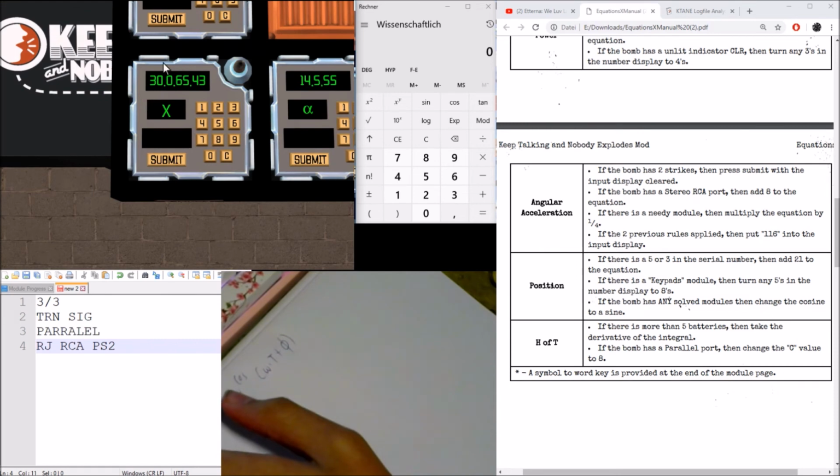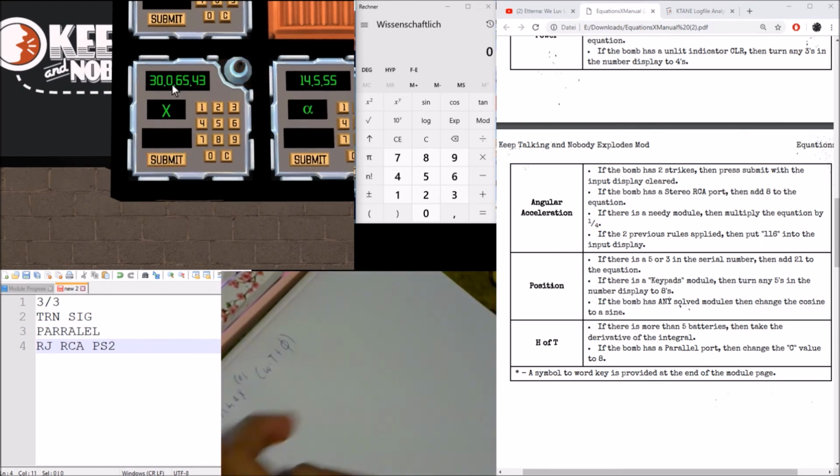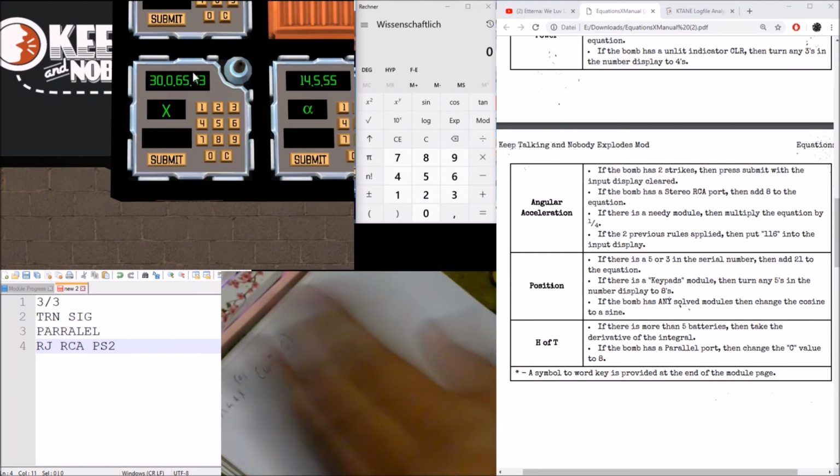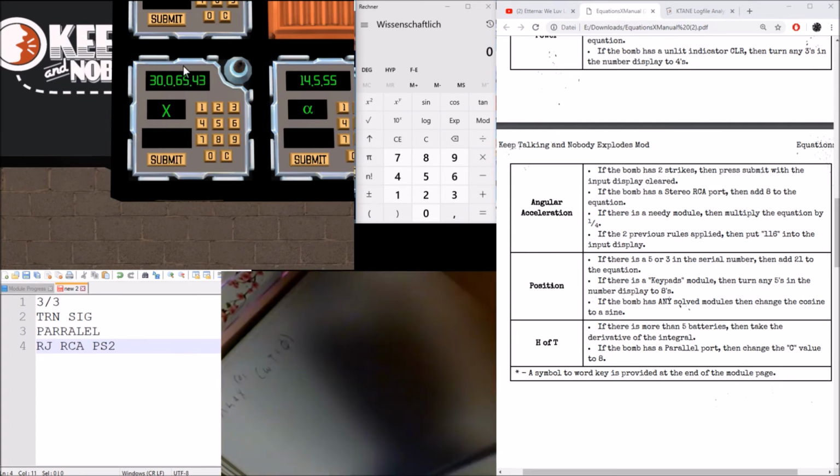So anything that is a 5 here is an 8 now if you have the keypad module on this bomb. So this would be 68.